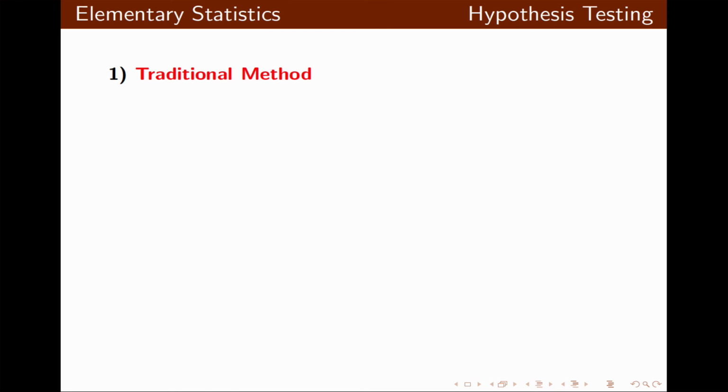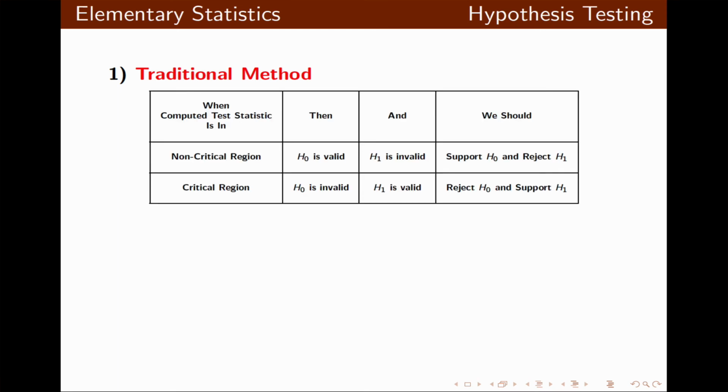Let's take a look at traditional method. We compute test statistic. When the test statistic falls in the non-critical region, that means H0 is valid and H1 is invalid. We support the null hypothesis and we reject the alternative hypothesis.